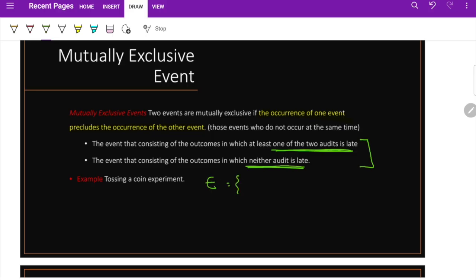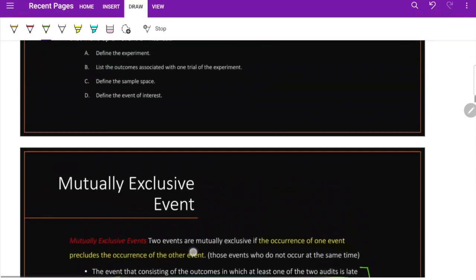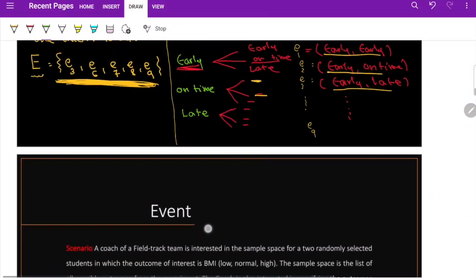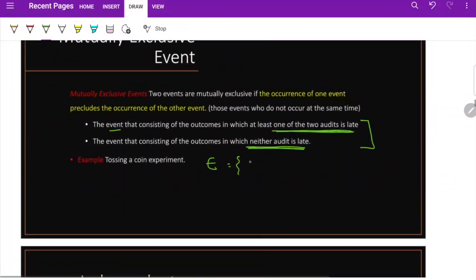What is the event consisting of the outcomes in which at least one of the two audits is late? We did it already. This event contains E3, E6, E7, E8, E9.